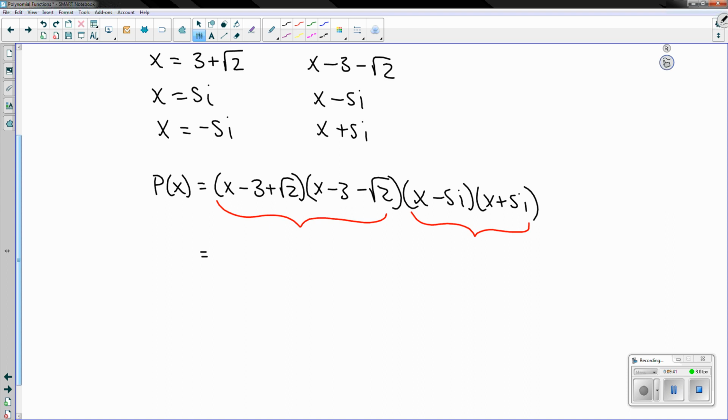So if we take care of the first two, distributing x and distributing the negative 3, and distributing the square root of 2, and then it's square root of 2 times square root of 2, which is just 2.